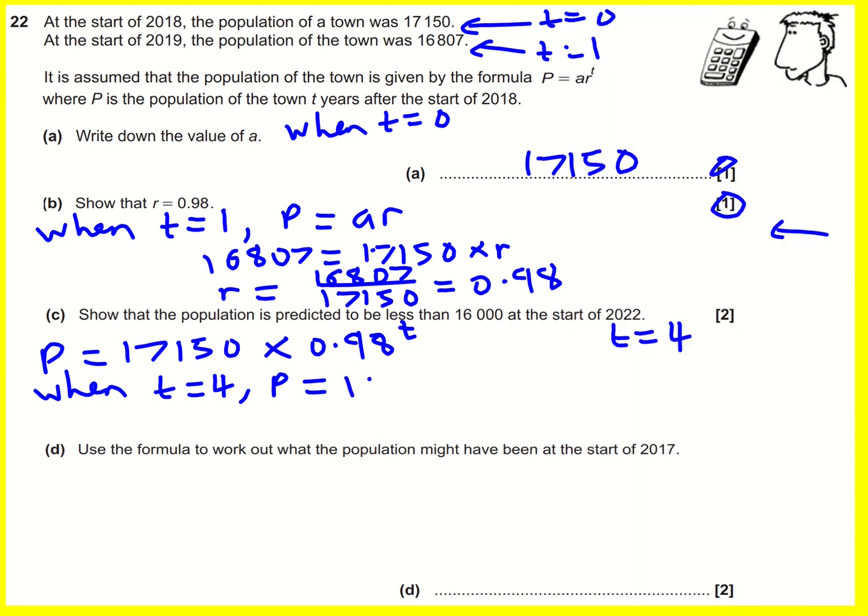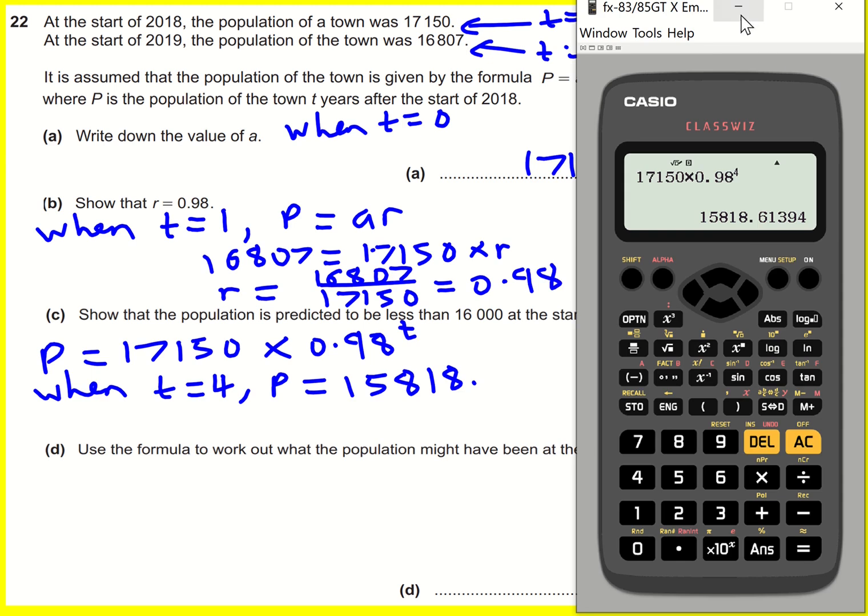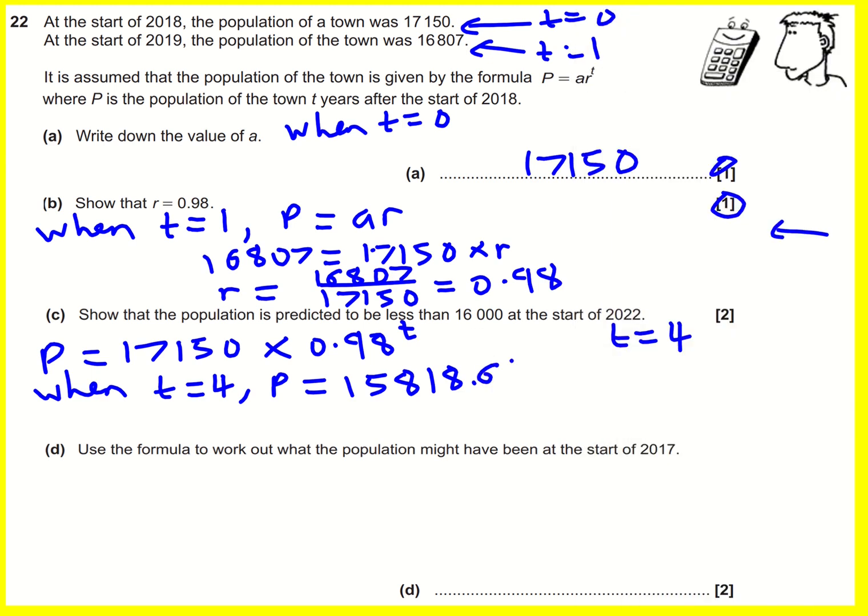That gives 15,818, maybe I'll just put a decimal point or two in, say 6.1. And this is less than 16,000.